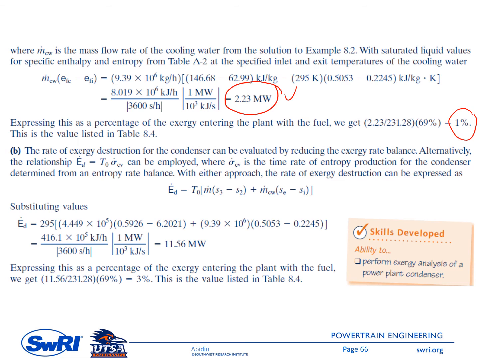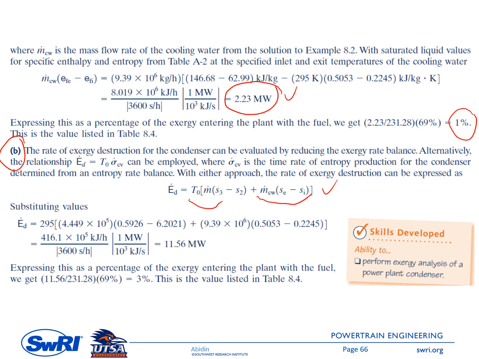And then the second one here is to estimate the exergy destruction for the condenser. And we have this formula. So this is T0 times m dot times the entropy difference between state 3 and state 2. This is from the working fluid side, and this one is from the cooling water side.